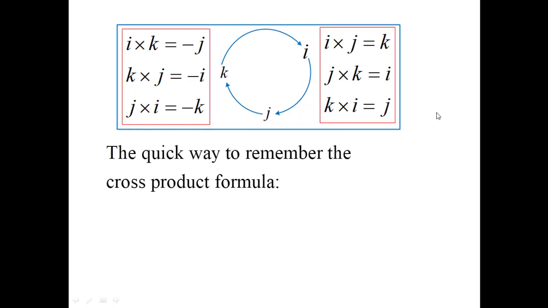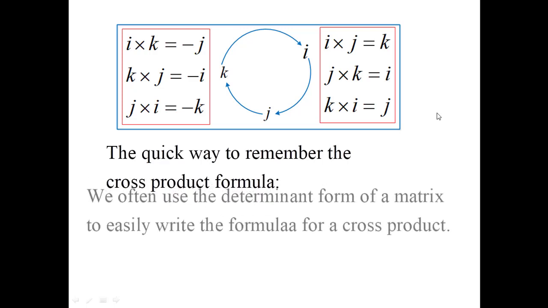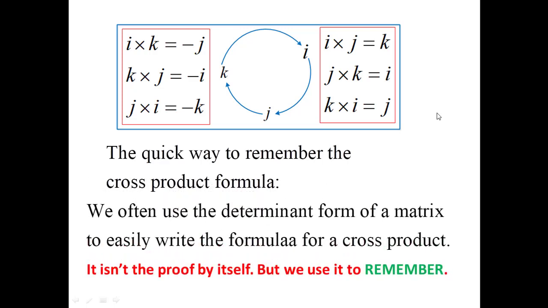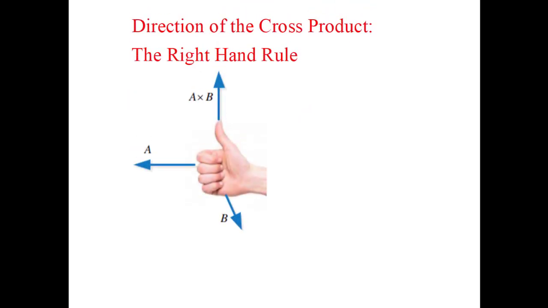If you keep the path, it will be positive. If you reverse the path, it will be negative. This is a kind of quickly remembering how these cross products follow. So we often use the determinant form of a matrix to easily write the formula for a cross product for any given two vectors. I will show you that.